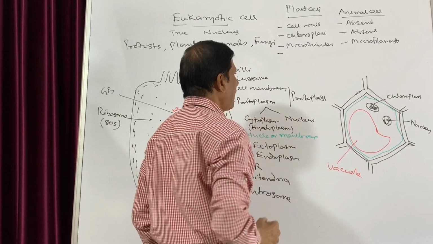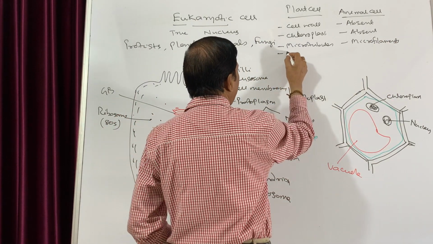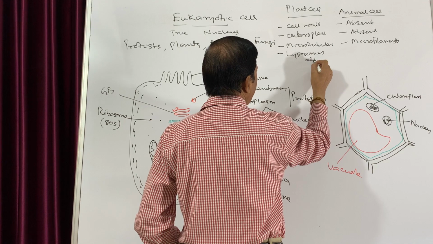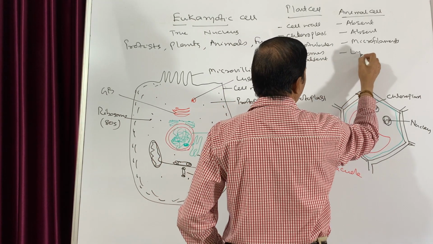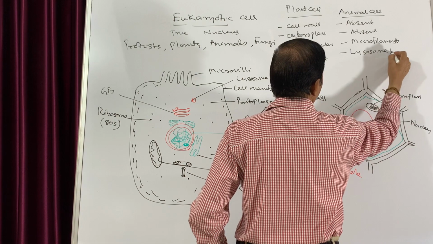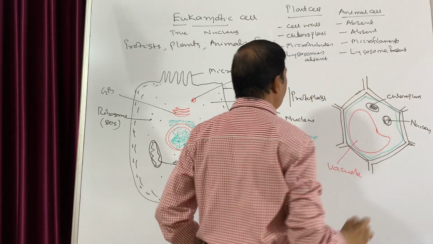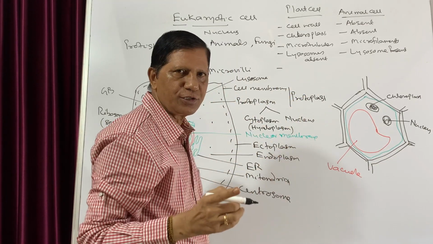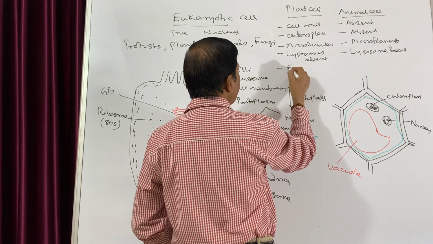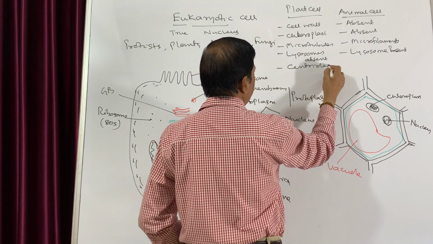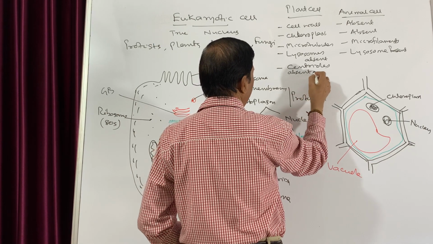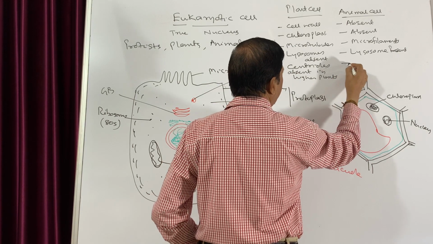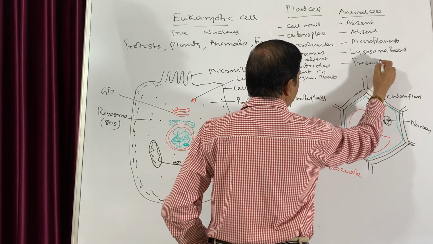Then in case of plant cell, lysosomes are absent, but here lysosome is present. And in case of plants, usually in case of higher plants, centrioles are absent, but here they are present in case of animal cells.